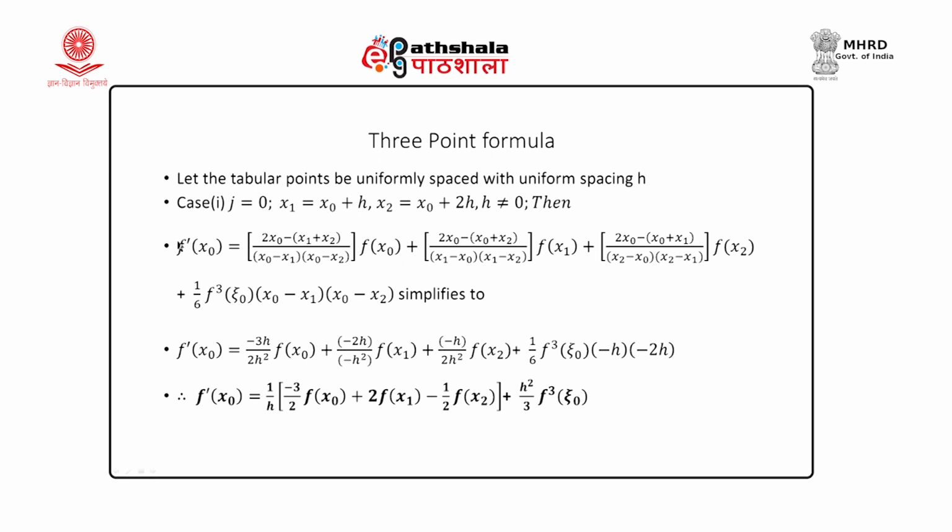So, our estimate of the derivative at the point x0 will be given by the sum of the first 3 terms, that is p dash x0, and the error will be given by this term.